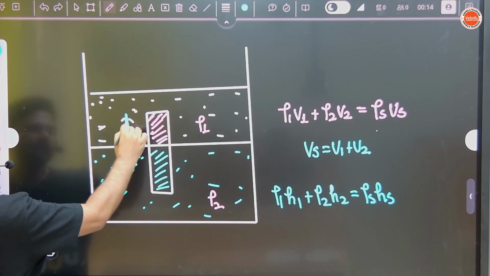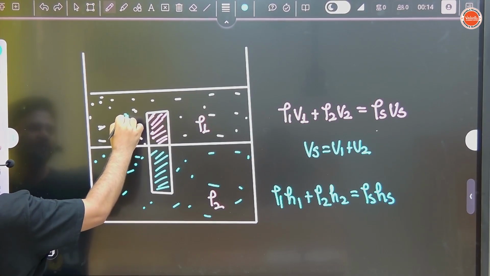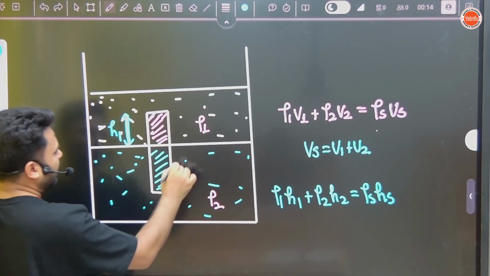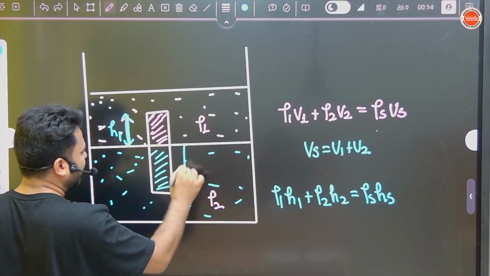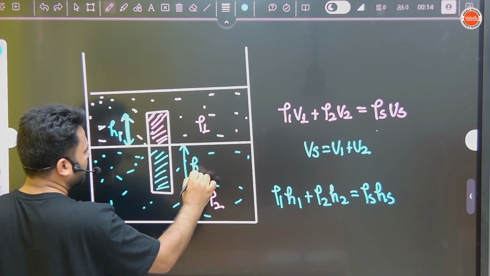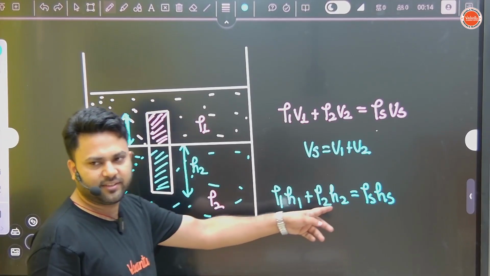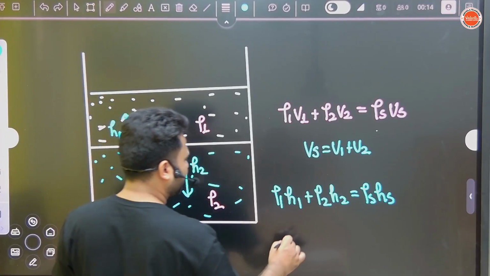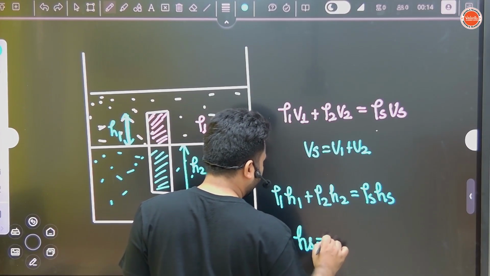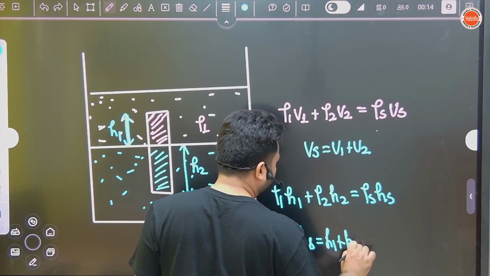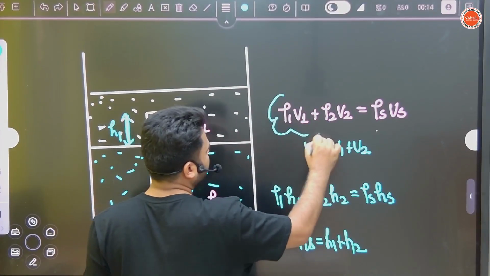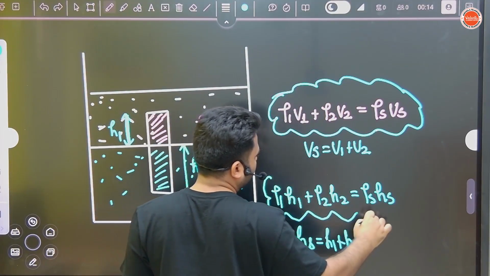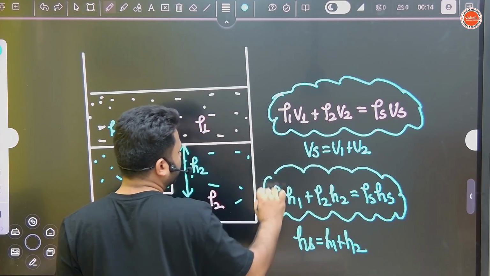What is H2? The height of the object which is inside liquid 2. And what is Hs? The complete height of the solid. Hs equals H1 plus H2. Remember these two equations. Very, very important. They can be asked this year.